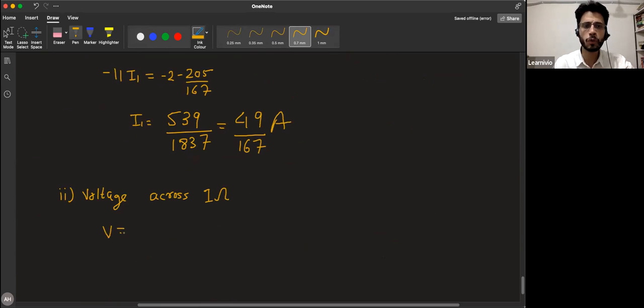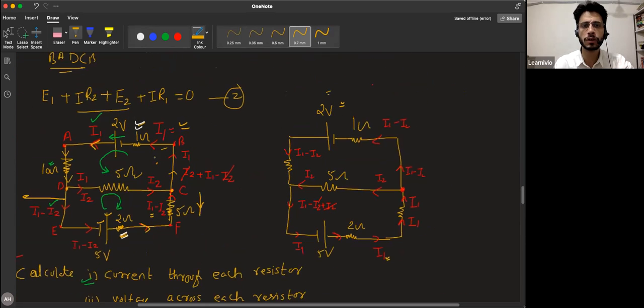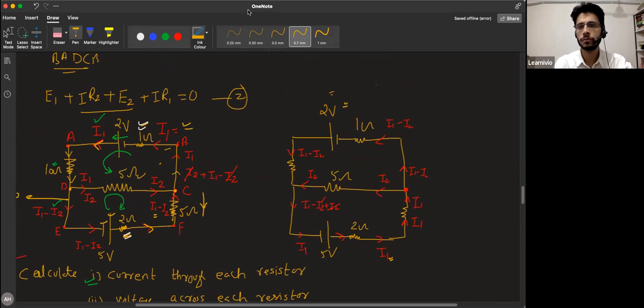So Alia, what will be the expression for calculating the voltage across 1 ohm? Kenza, the expression for calculating voltage across 1 ohm.